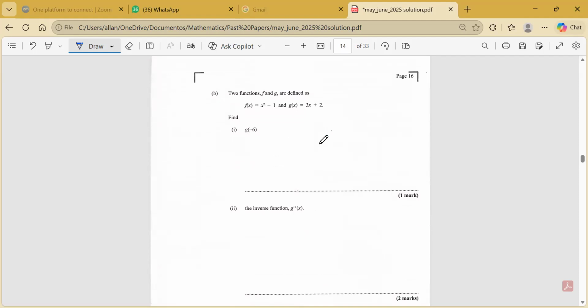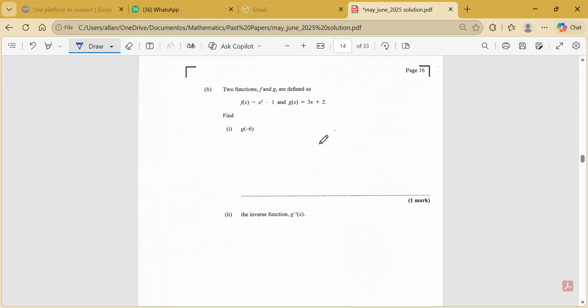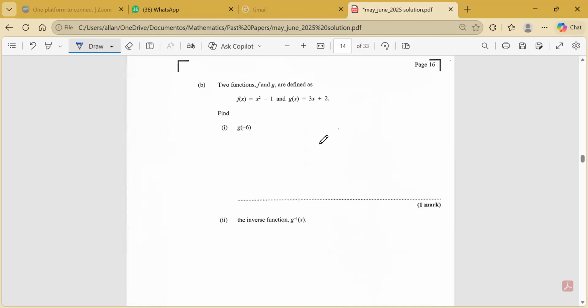All right, so the function g of x. I saw some people send the g of negative 6.